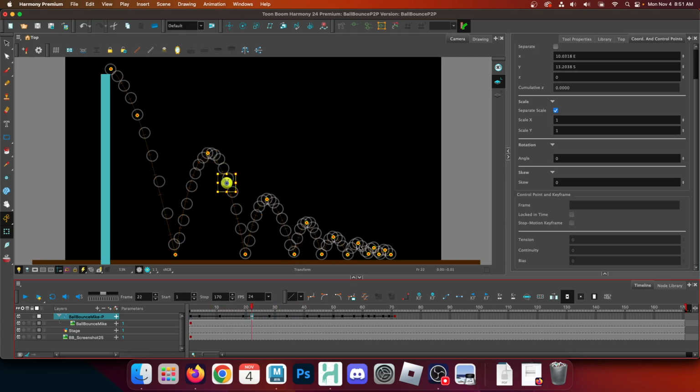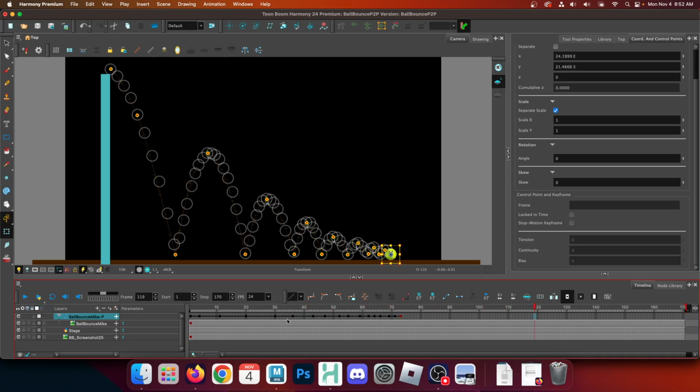I don't need to mess with these ones too much. These first ones, though, might move a little too quick for my interests. So on this first bounce here, now it's from 11 to 19, I think I'm going to throw a frame on either side of this bounce, and we'll play it out.